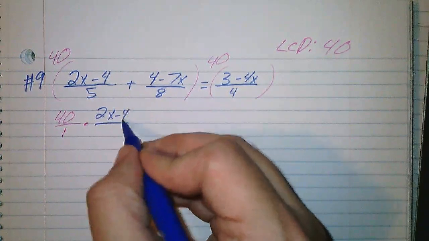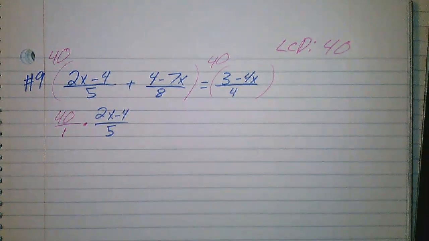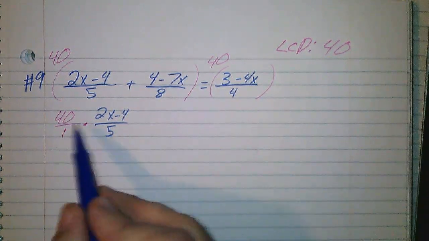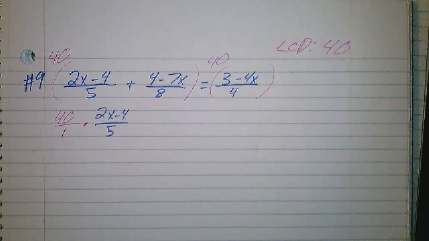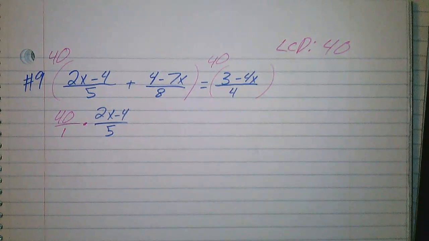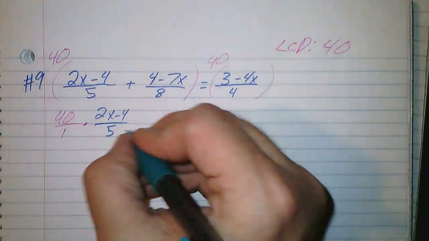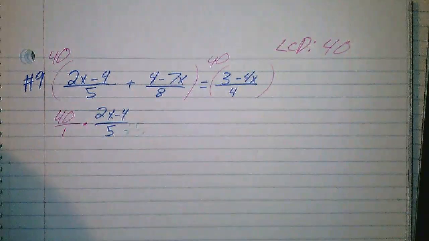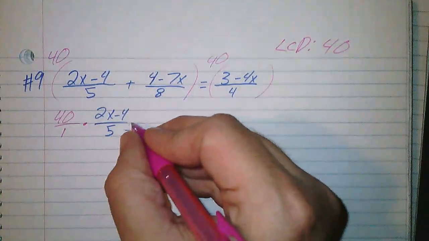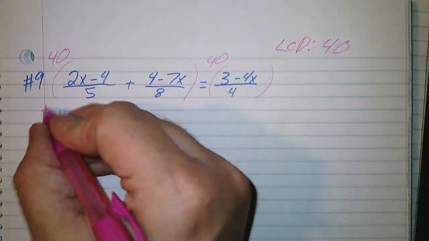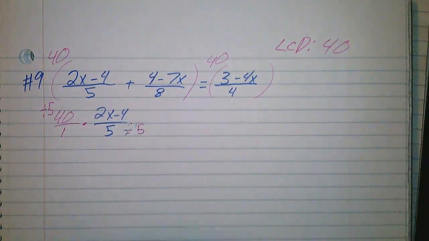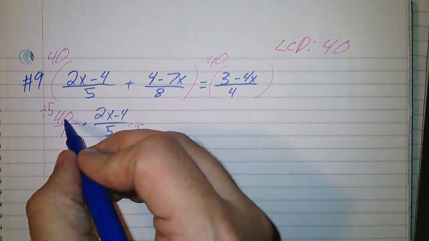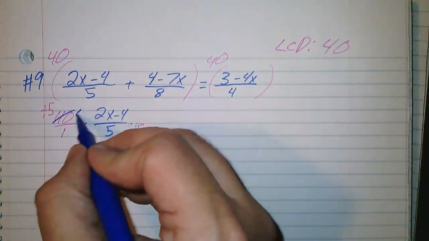We have a 2x minus 4 over 5. And this is where we use the diagonal simplification, that factoring. 40 and 5 are both divisible by 5. So 40 divided by 5 becomes 8.